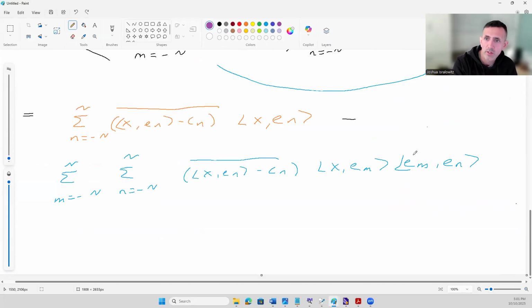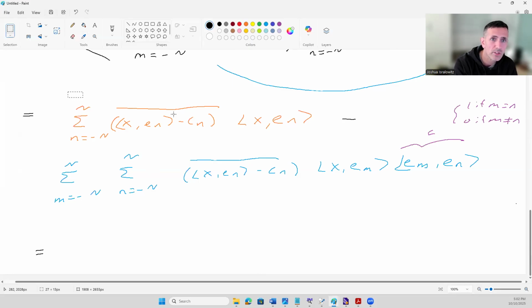So 1 if M equals N, 0 if M is not equal to N. So I'll just do this in black, like rewriting everything. So it's going to be this sum here. Actually, yeah, just copy it.